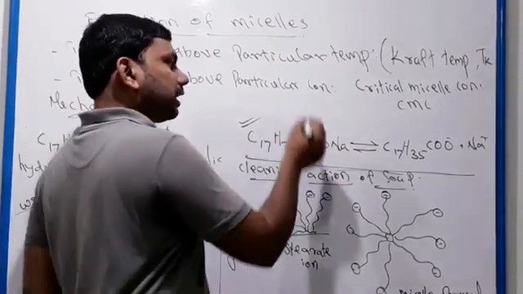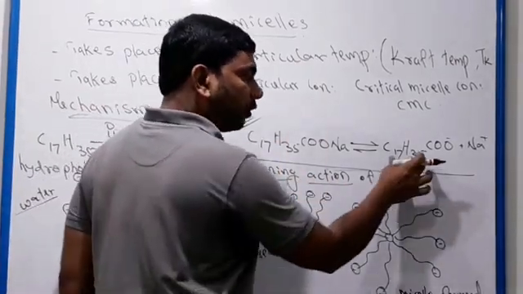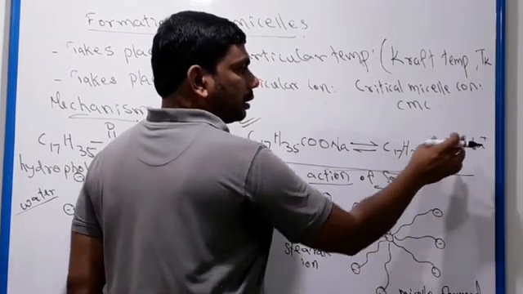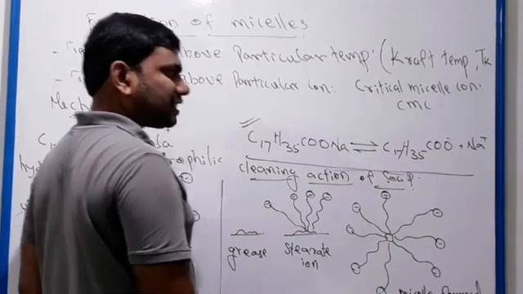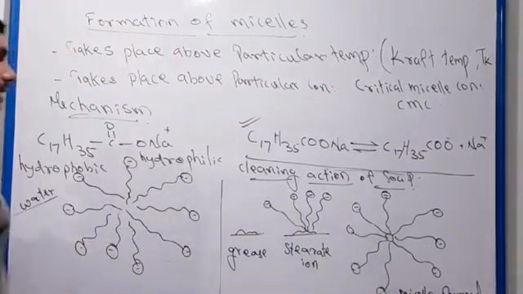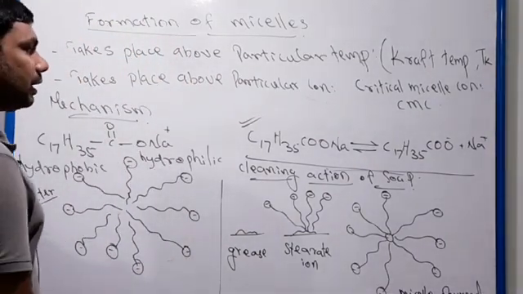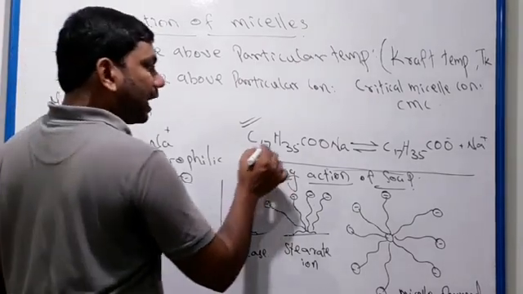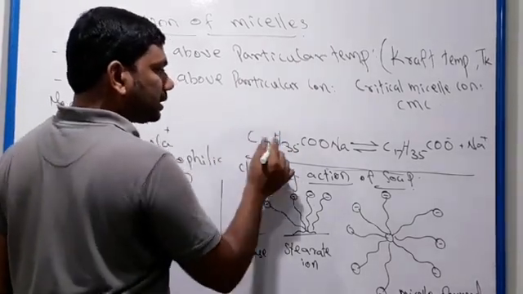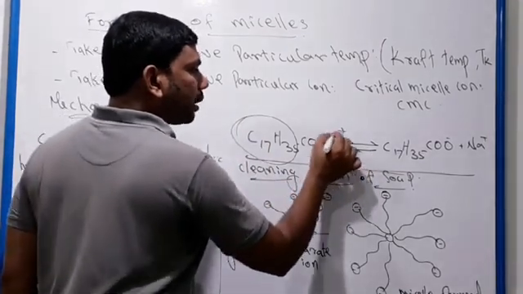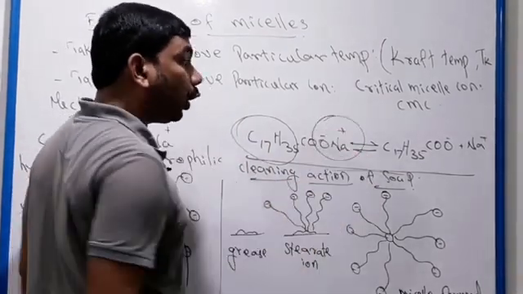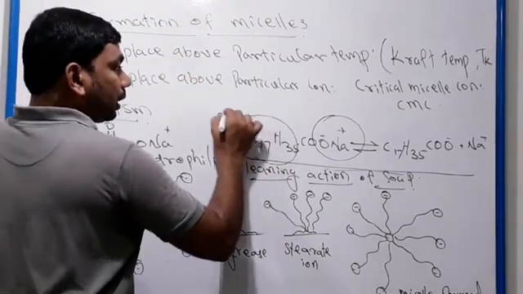This sodium stearate, after ionization, forms the stearate ion and Na plus. Here you understand, this is soap. This part is hydrocarbon, the non-polar region, and this part is polar.